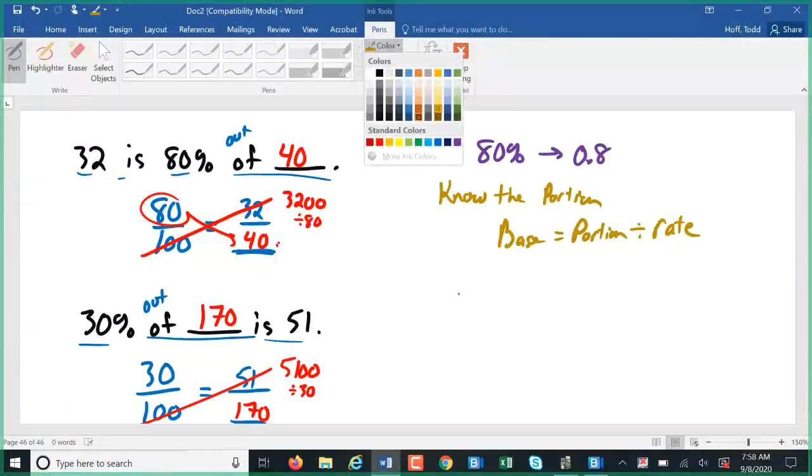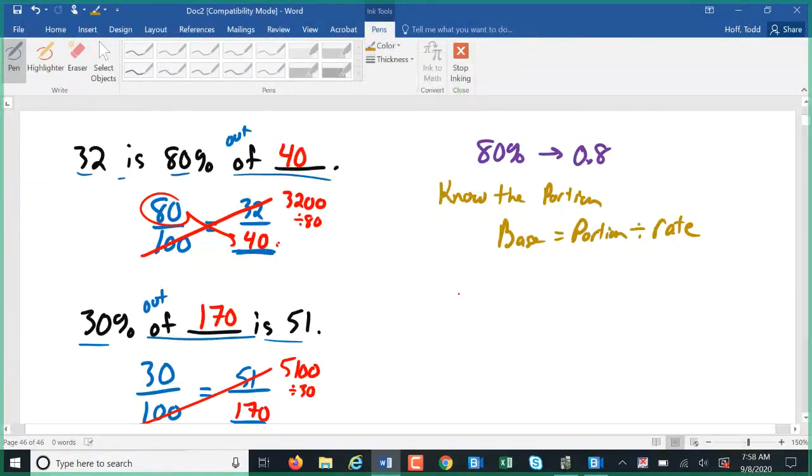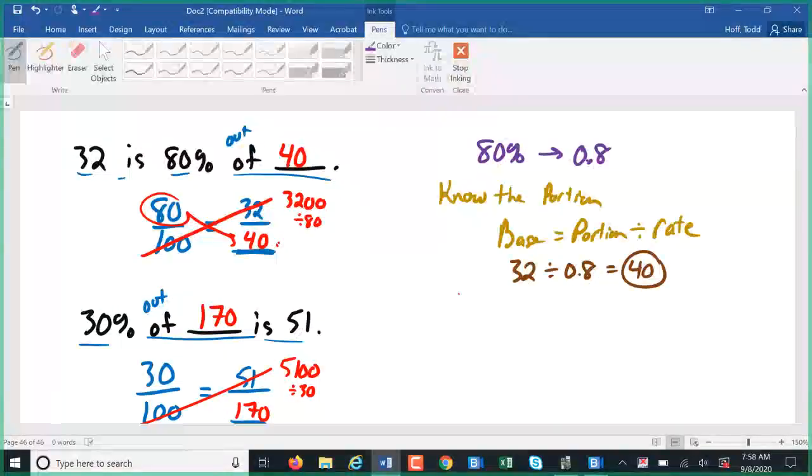So here, it's that portion of 32 divided by 0.8 gives us the 40. Now it's the same answer, and it's a little bit less writing, but we had to decide what we're given here. Is it the base or is it the portion? Are we going to multiply or are we going to divide?